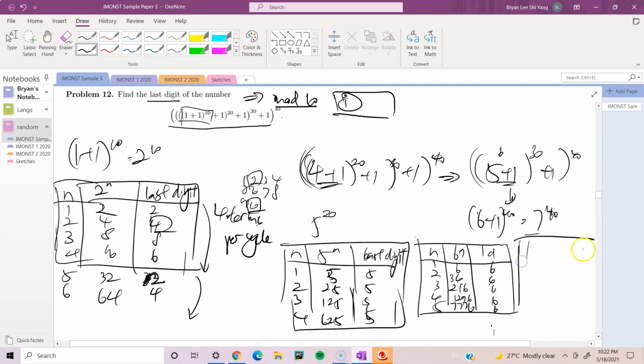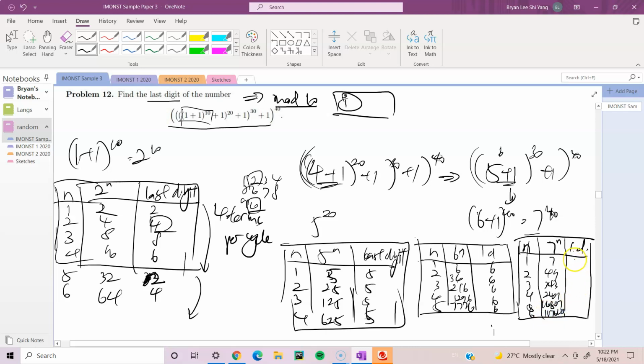So this is a more traditional way. If you know how to do mod 10, then congrats. This would be quite a warm-up question for you. So this is n, 7 to the power of n, and then the last digit. Okay, so for n, 1, 2, 3, 4, 5, 6. 7 to the power of 1 will be 7, 7 to the power of 2, 49, 7 to the power of 3, 343, and then times 7, 2401, 16807, 117649, something like this, right?